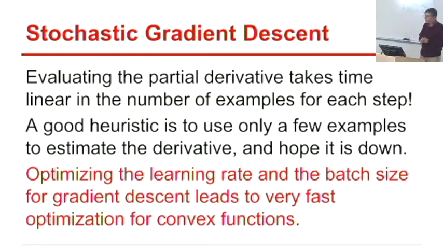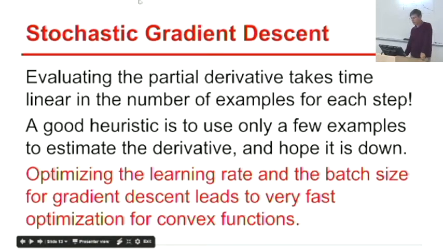Any other questions about this at this point? Let's make sure. There is another variation to this algorithm that turns out to be very important in practice, called stochastic gradient descent search.